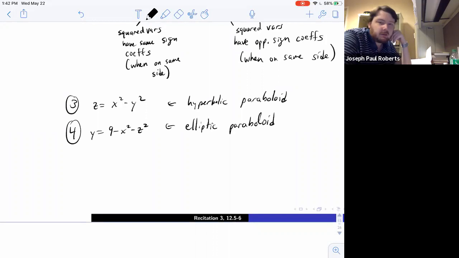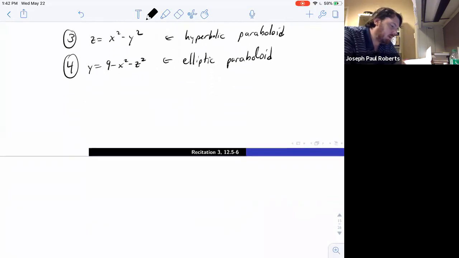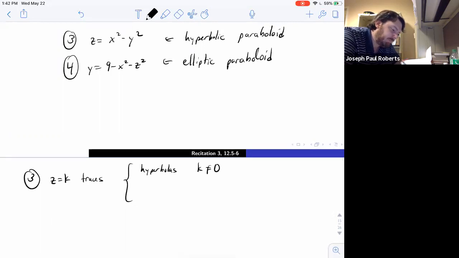And so if you want to go into more detail as to what they're going to look like, for example, equation 3, the z equals k traces are hyperbolas for k not equal to 0. And it's the lines y equals plus minus x if k is equal to 0.